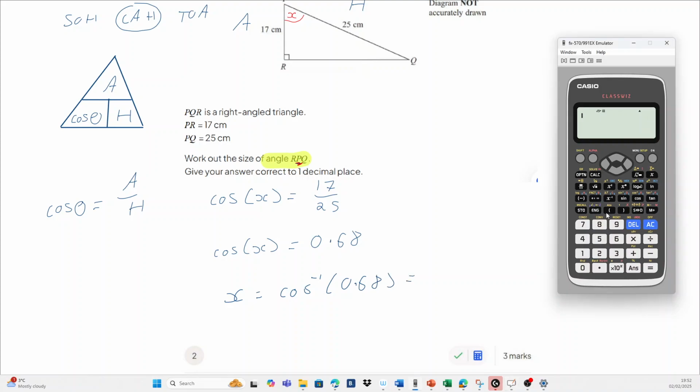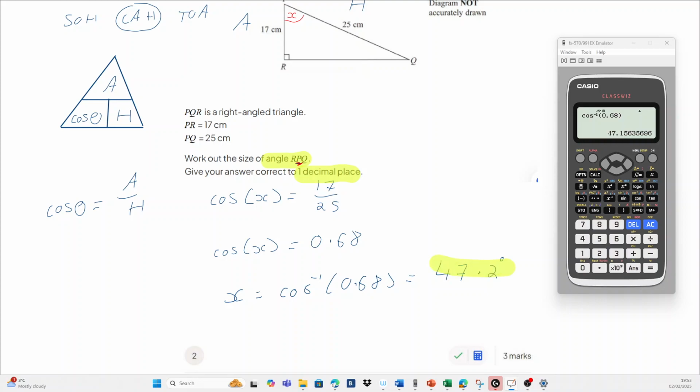So shift cos and then 0.68, enter it, bam, and then you want to give your answer correct to 1 decimal place. So your first decimal place here is that 1, and the 5 is going to round it up to a 2. So 47.2 degrees. Okay, and that is your answer.